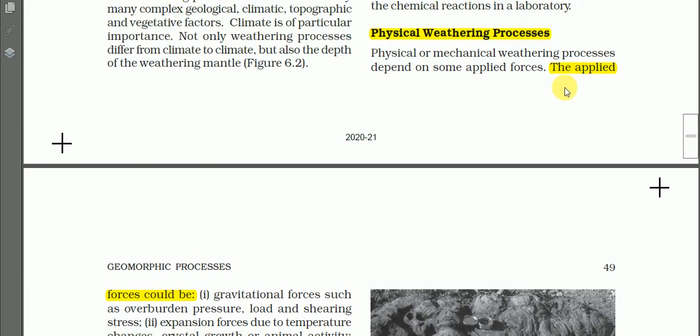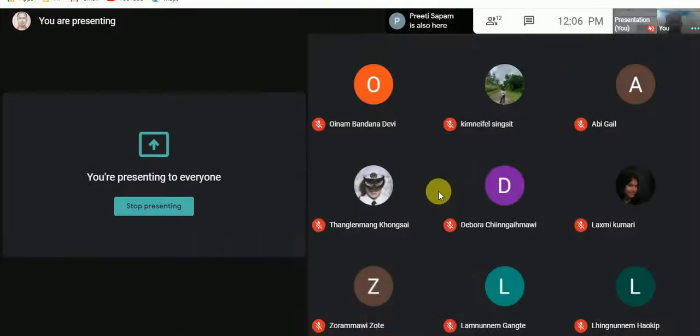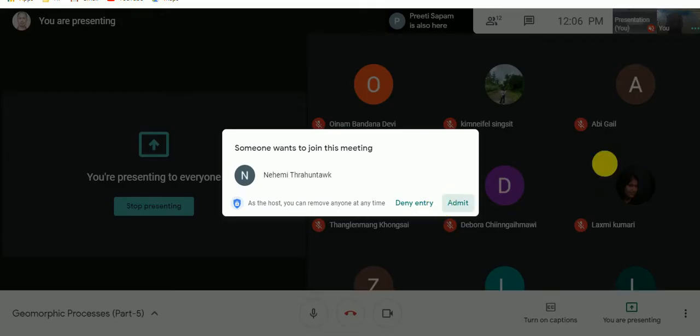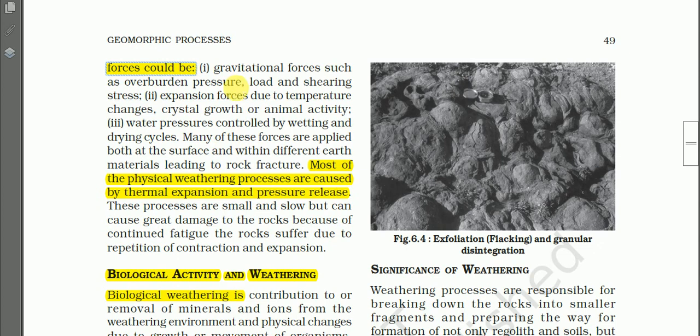Those applied forces could be gravitational forces, such as overburden pressure, load, and shearing stress.